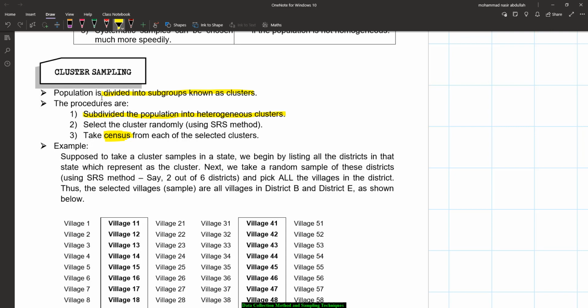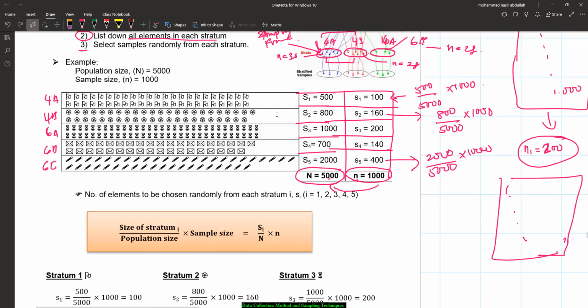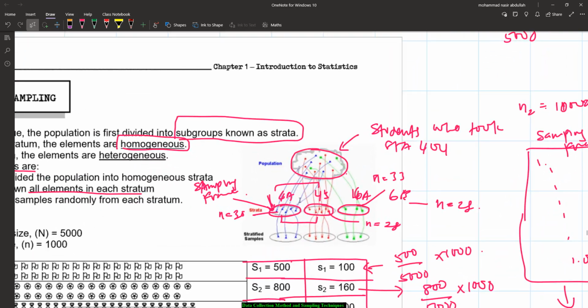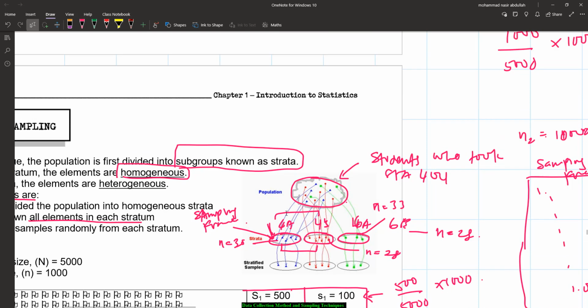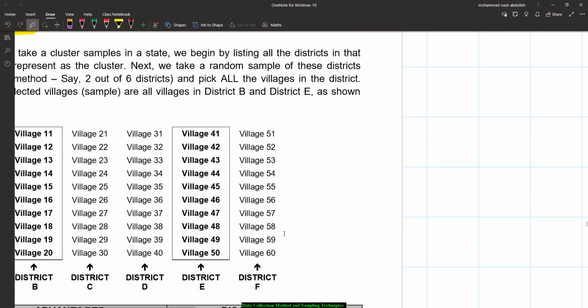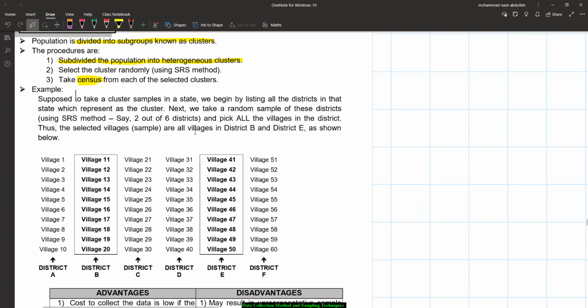In stratified sampling, we have groups known as strata, and then for each member in the strata, we use simple random sampling to select members. But for cluster sampling techniques, we don't use simple random sampling to select members. We take a census. What is a census?